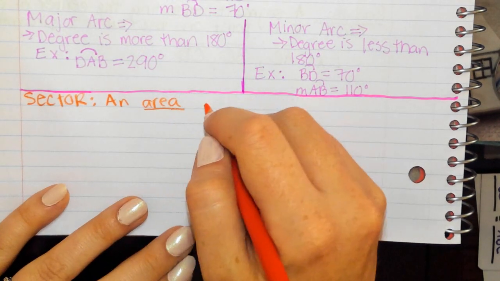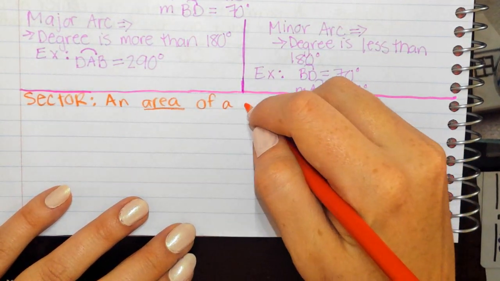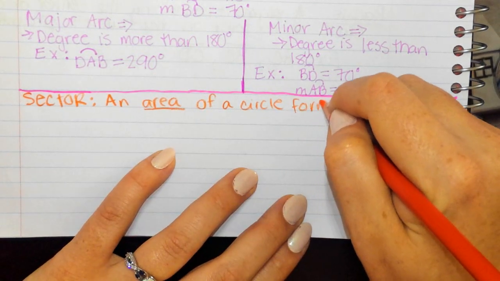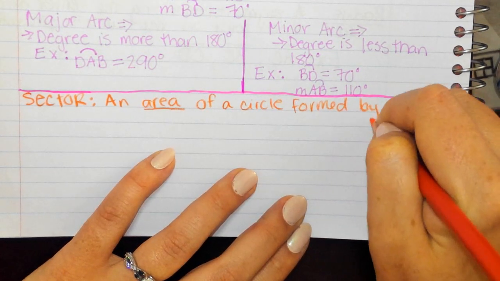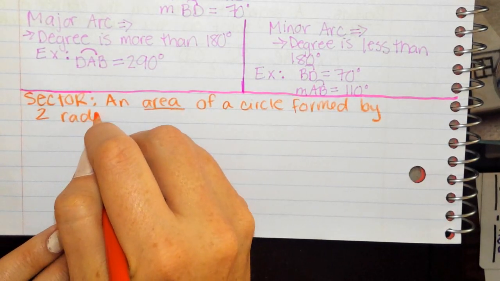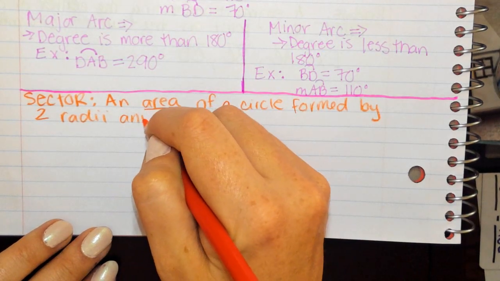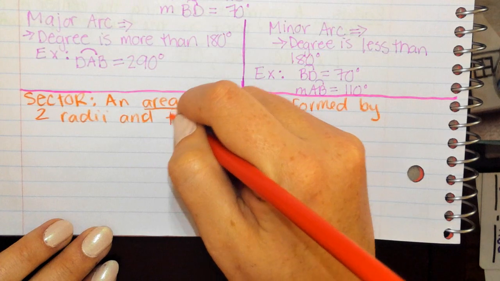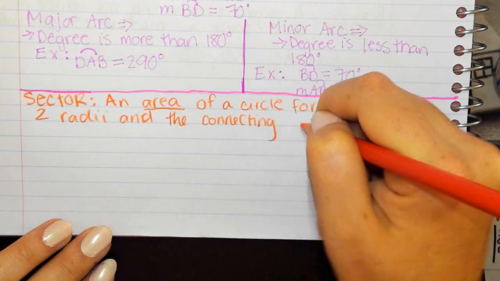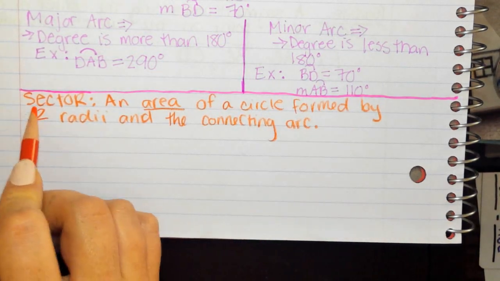So a sector is an area of a circle that's formed by two radii and the connecting arc. Okay.